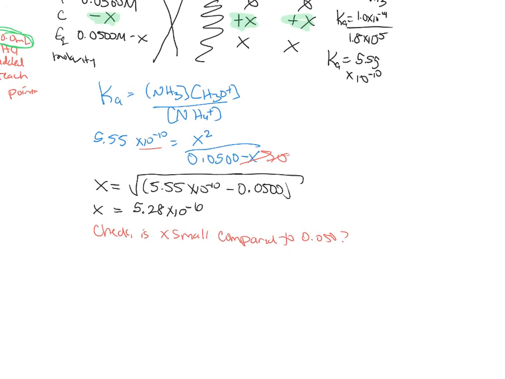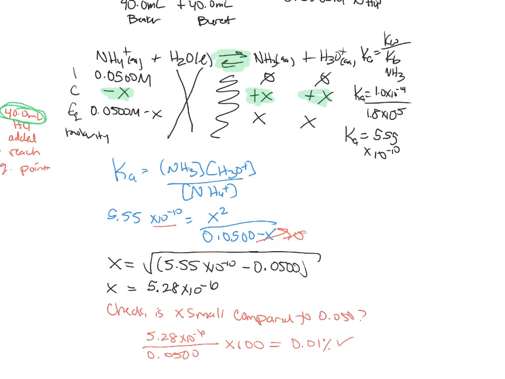But just to check, I take my x value, which is 5.28 times 10 to the negative 6, divided by 0.0500 times 100 to make it a percent, because remember we're looking for 5% or less. So on the calculator, 5.28, second E, negative 6, divided by 0.05 times 100. And I got 0.01%. So yes, it is small.